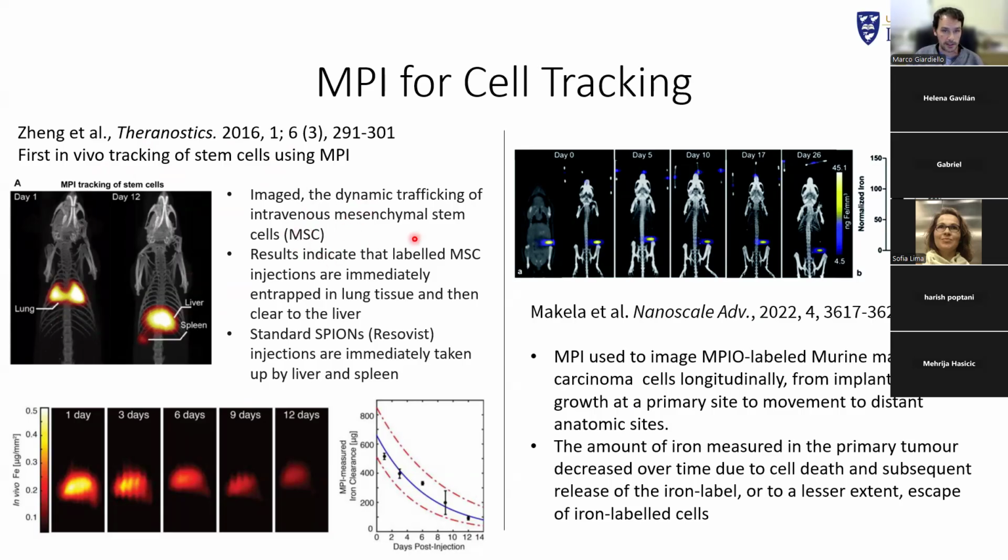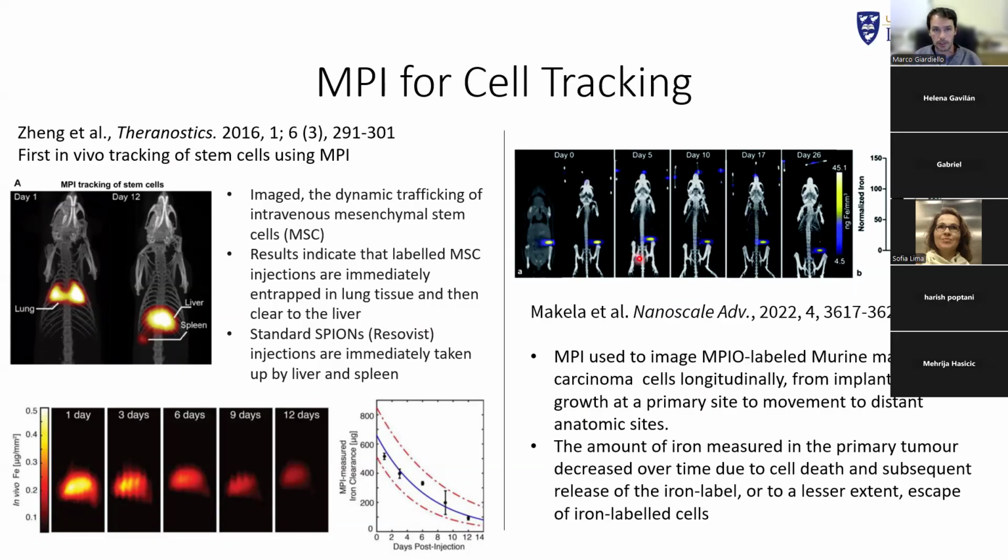They had these stem cells, they labeled them with Resovist, and you can see the accumulation of the cells that they were observing. This is a little more recent, where they used a different type of SPION to do cell tracking of murine mammary carcinoma cells, and you can see how bright those images appear.